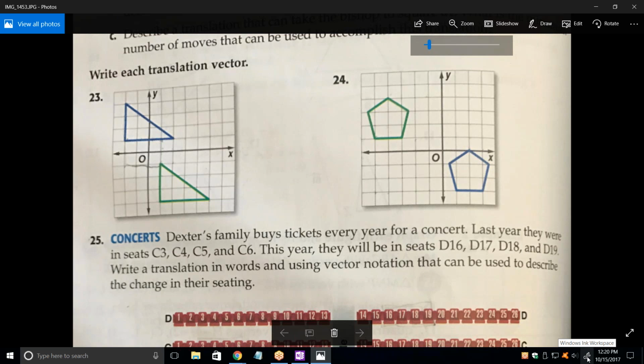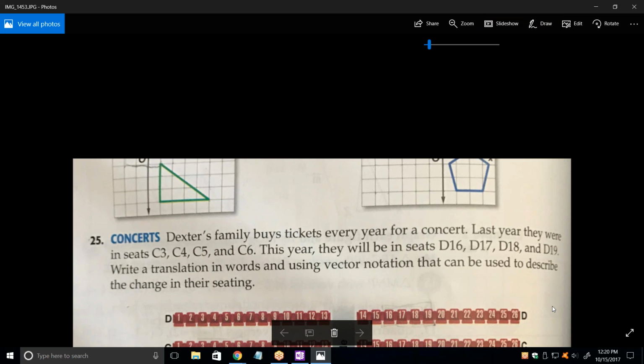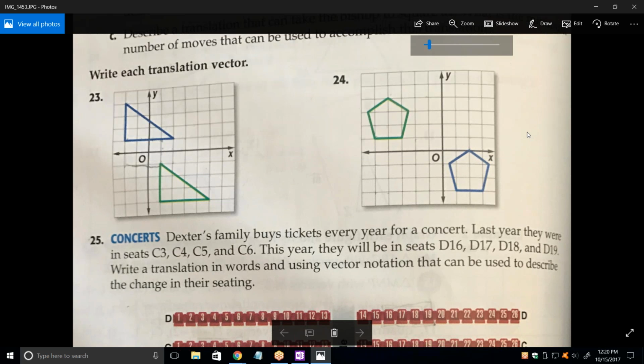Now here, they're telling us or showing us the translated figure, and they're asking for what the translation vector is. So it doesn't say whether you're going from blue to green. Can we tell anyway?